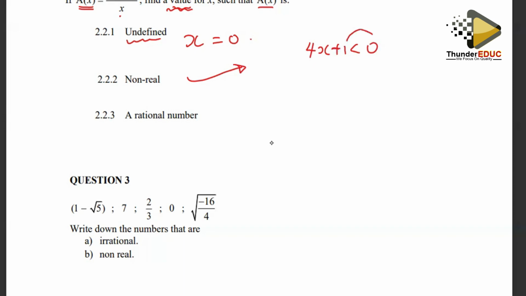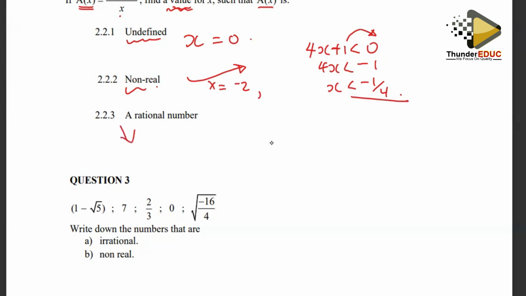When I move this 1 that side, 4x will be less than -1, and then x must be less than a quarter. So all the numbers that are less than a quarter. In this case, even -2 could be fine. Even -3, -4, -5, all those numbers, because they are smaller than a quarter. You cannot put a 2 there or a positive 3, because it's just going to give us something that is real. So choose any numbers between that range.